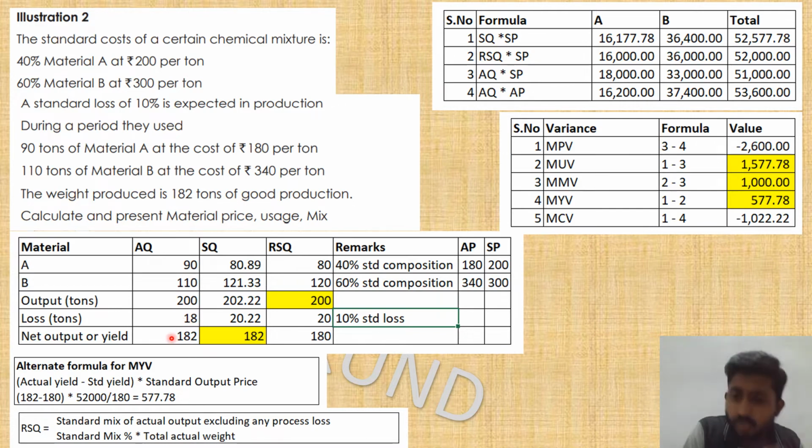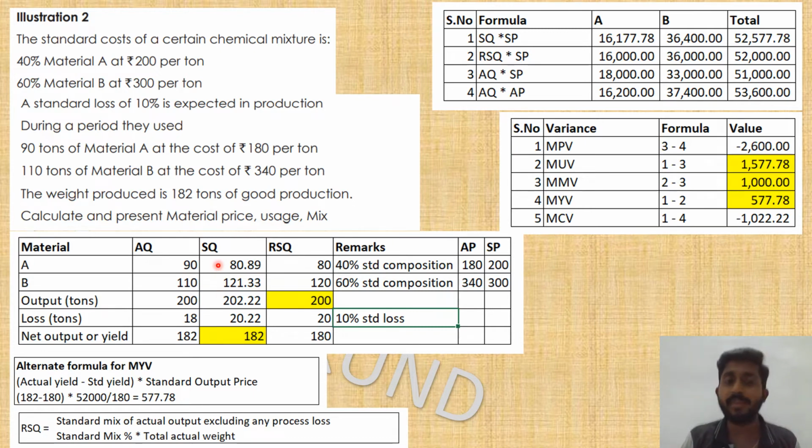We have found the revised standard quantity, but that is giving you output of only 180, but our actual output is 182. For making 182, what should have been the standard? That is what we are going to calculate now. So I am fixing this 182.